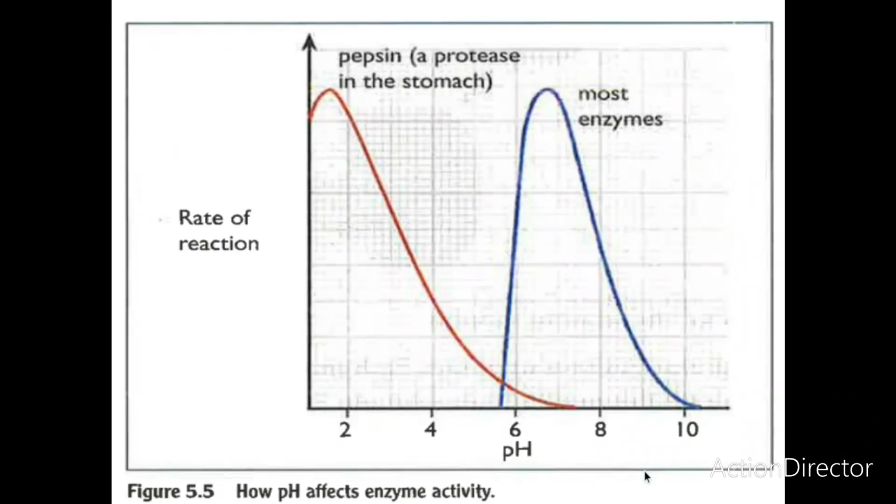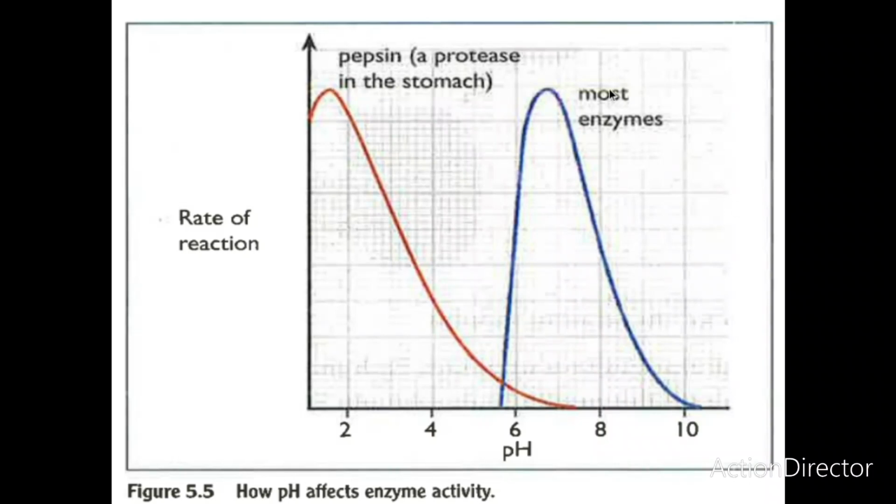This graph shows us how pH affects enzyme activity. So pepsin, which is a protease in the stomach, works best under acidic conditions or at low pH levels. So as the pH increases, the rate of the reaction decreases, meaning we have deviated from the optimum pH, which is acidic.